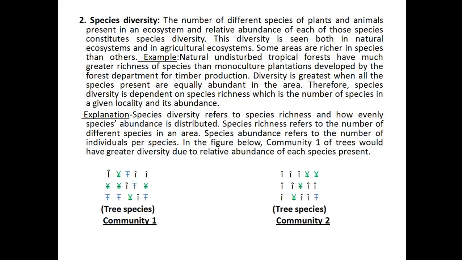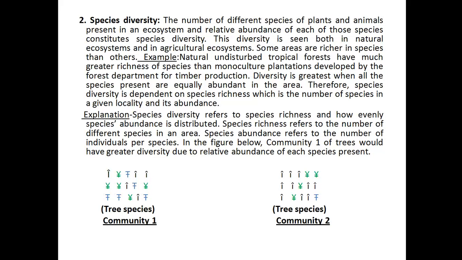Thus, species diversity in an ecosystem depends on the occurrence of different species, for example, trees, and the occurrence of the quantity in number of the different species of trees. This is if we take an example of trees. Now let us look at the figure below, which consists of two communities.